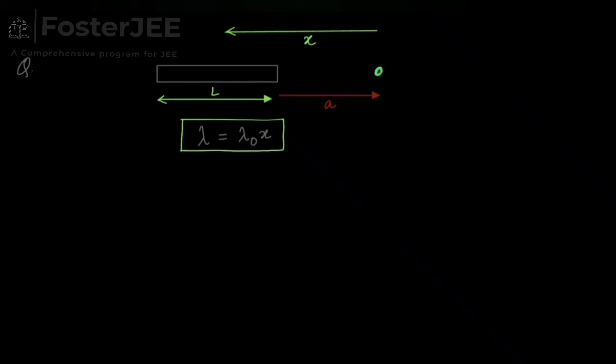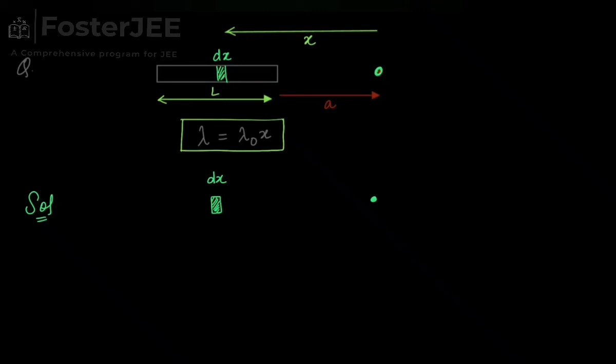By now it must be very clear that since every part of this rod is at a different distance from our point of concern, we have to use integration. Now suppose at any x we take an element dx. By the method we are studying, after selecting an element, just forget everything else and consider these two points.